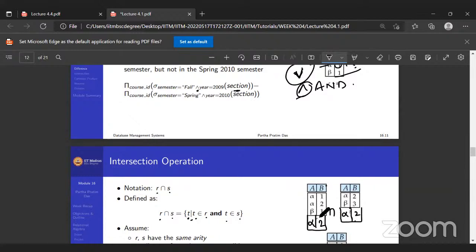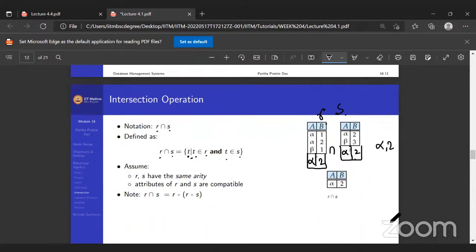Only alpha 2. That is the correct answer, right?